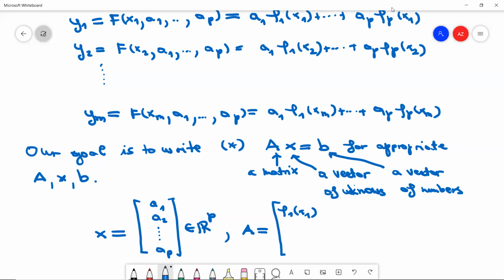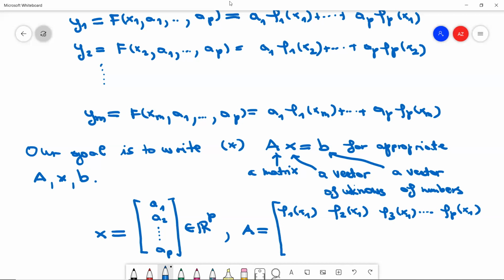Then the second is phi2 x1. And then the third would be phi3 x1, and so on. The last would be phi p x1.